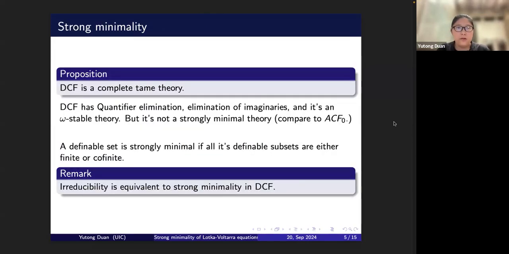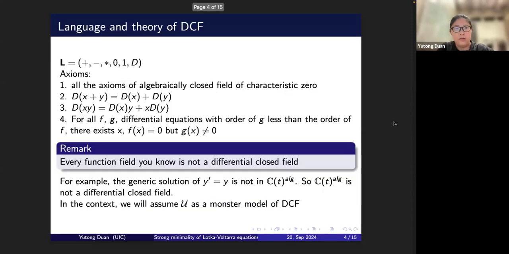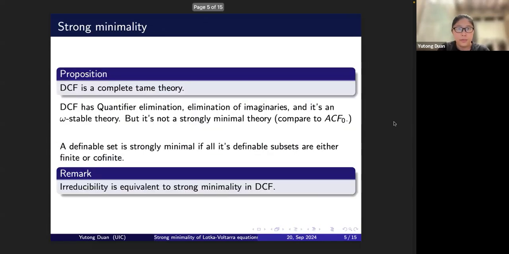So first, notice DCF is what I just defined, the theory of differential closed fields, and usually, although I didn't write DCF_0, we just assume the characteristic of the field is 0. In model theory, DCF is a complete theory, and by that I mean it has a lot of good properties.